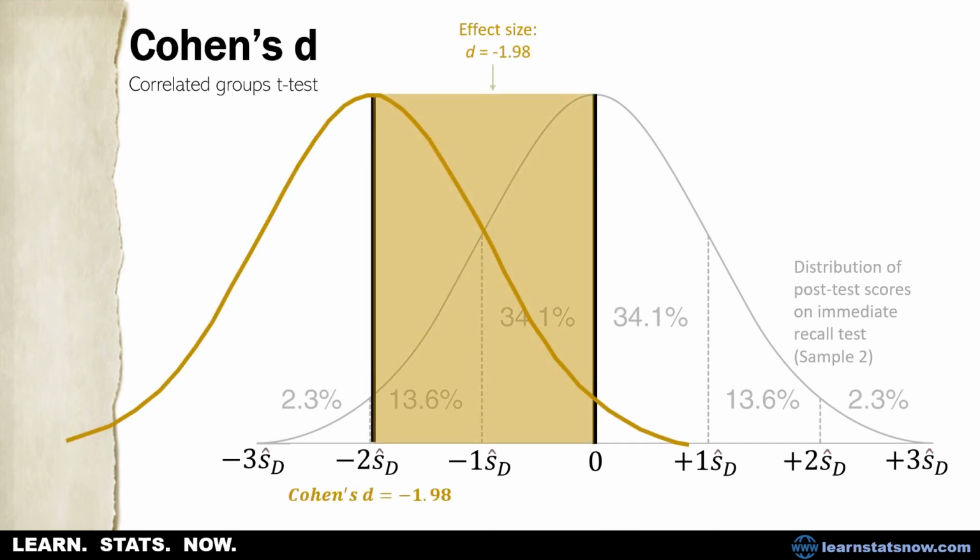And we're going to overlay then the distribution for the pretest scores, and then the difference between those thick vertical black lines represents the Cohen's d that we calculated in estimated standard deviation units. So if you recall, our value is negative 1.98. So we're locating on this distribution the value that is negative 1.98 standard deviations away. And this then represents where the pretest sample is relative to the post-test sample within the same individuals.